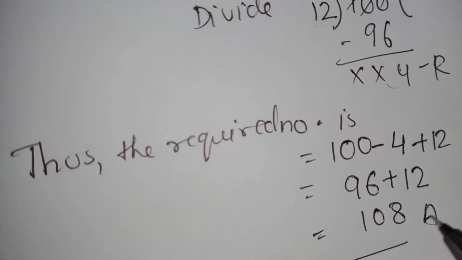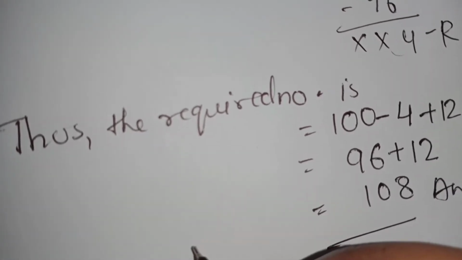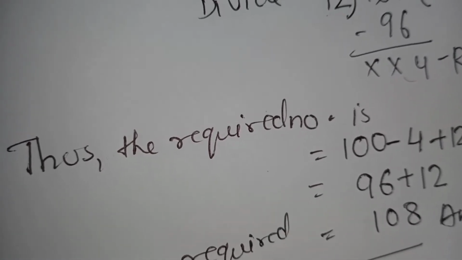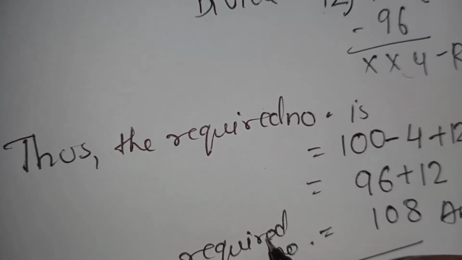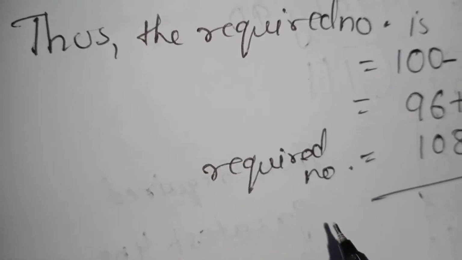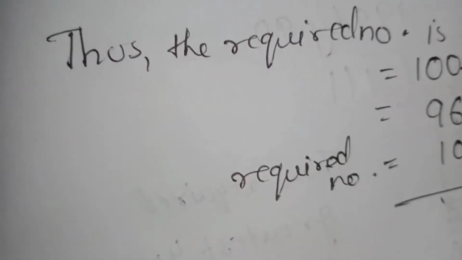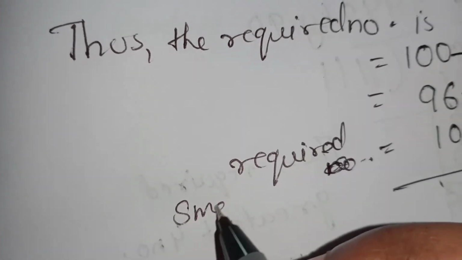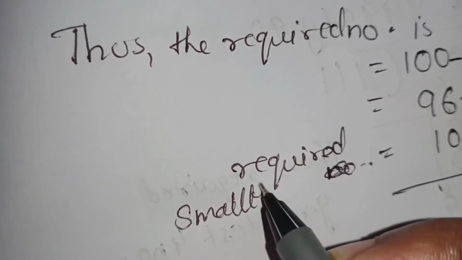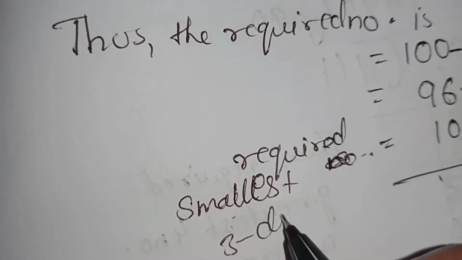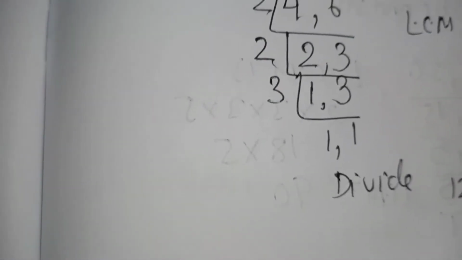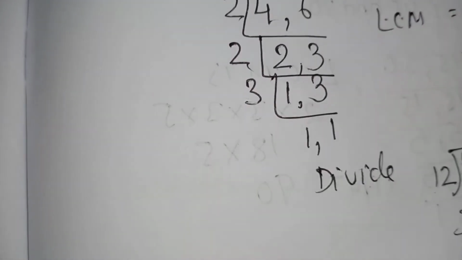So this is the answer, the required smallest 3-digit number. I hope you have understood this. Now let us do the next question.